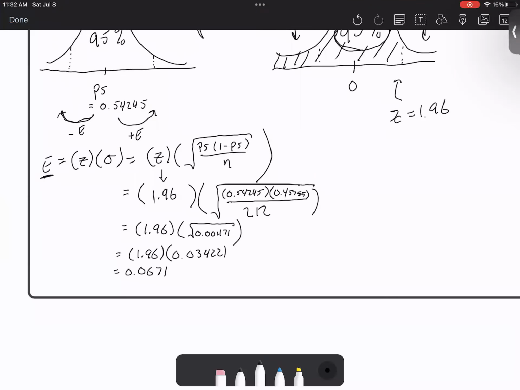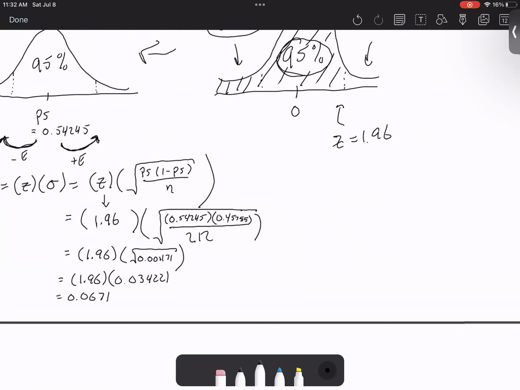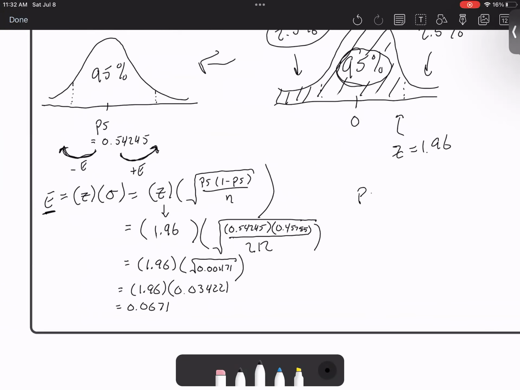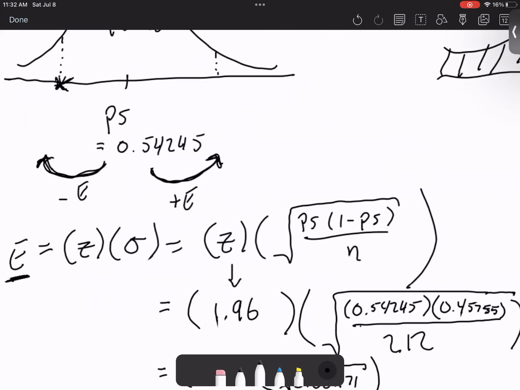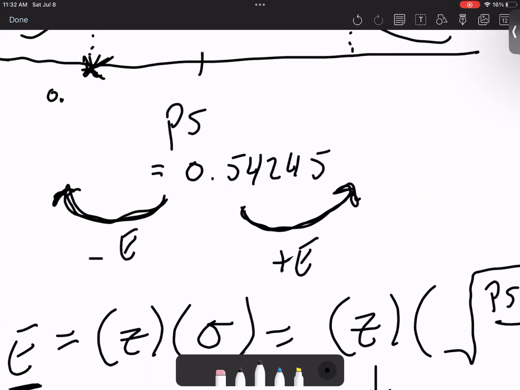That's how far we need to move over, to the right and to the left, from the center of our distribution. So if we take our sample proportion and I subtract the margin of error, the center is 0.54245, and if I subtract 0.0671, I get 0.4754. So this point right here is 0.4754.